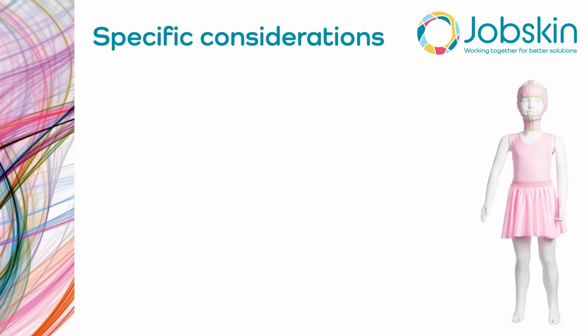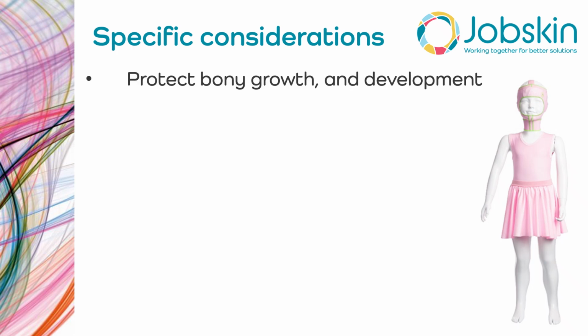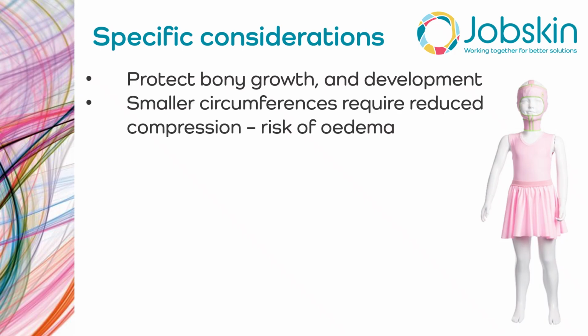So what are some of the specific considerations we need to accommodate for children? Well, obviously, as we're getting a theme here, we're protecting bony growth and development. Smaller circumferences require reduced compression. There's a risk of edema, but also a risk of really high levels of discomfort.